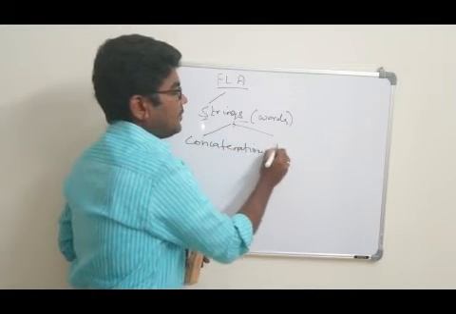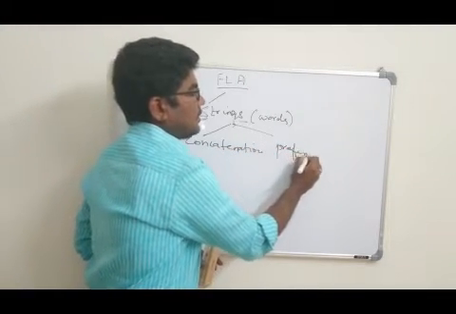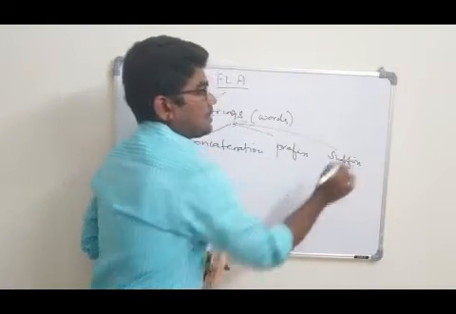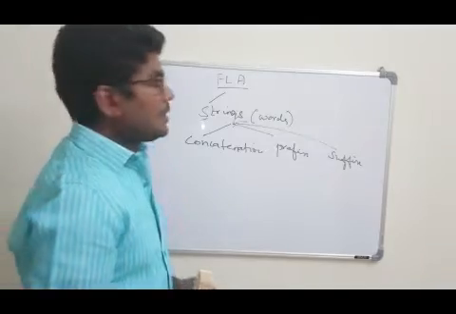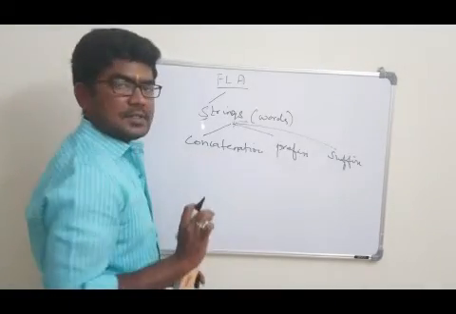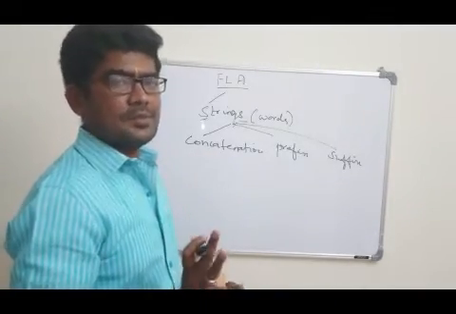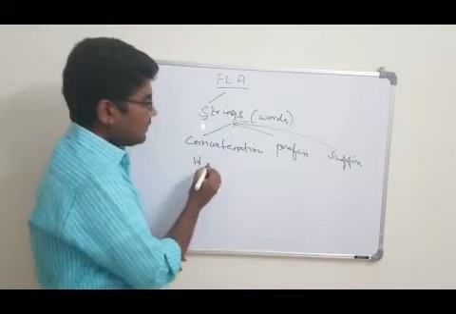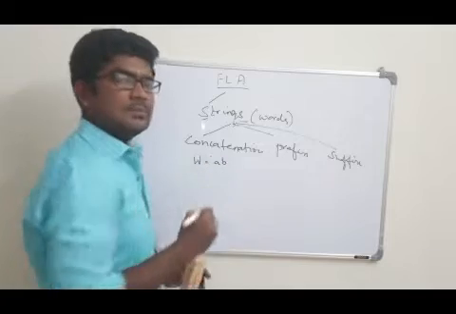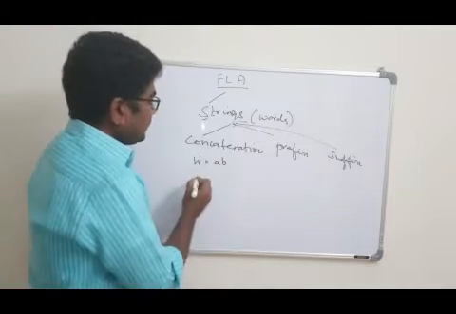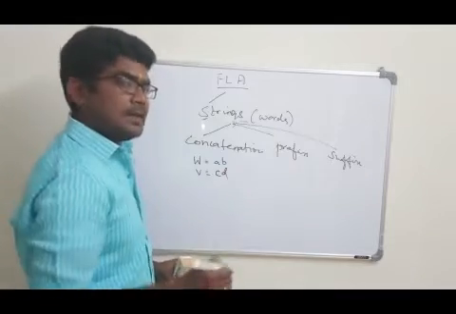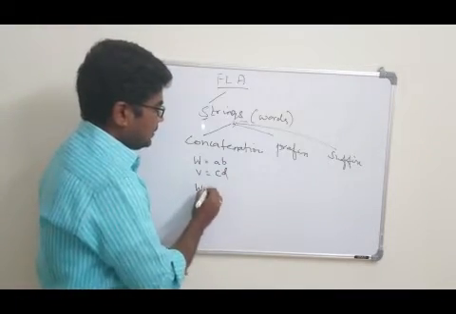So now the next topics inside the string itself are concatenation, then prefix, then suffix. These three topics you want to know. Concatenation of a string is just joining two strings, that's all. So I am going to have W equal to AB, this is one string, and V equal to CD. Just I am going to join WV.